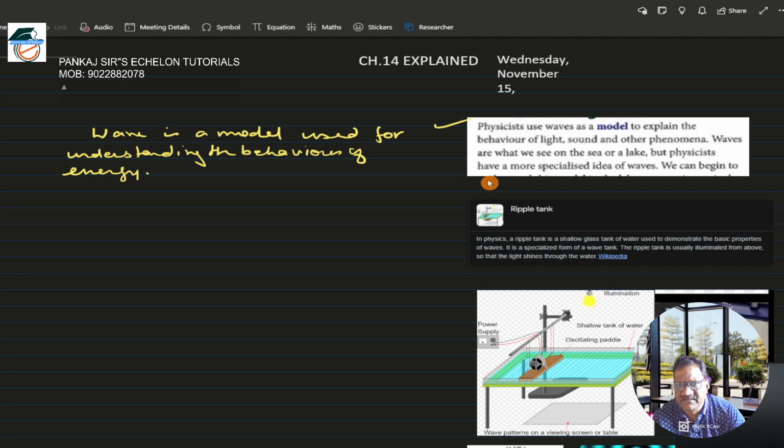From the scientist's point of view, these waves are taken as a model. Because light, and even sound, though not electromagnetic, can be understood to be traveling in the form of a wave, wave becomes very important from the physics point of view. So that's the importance of waves.